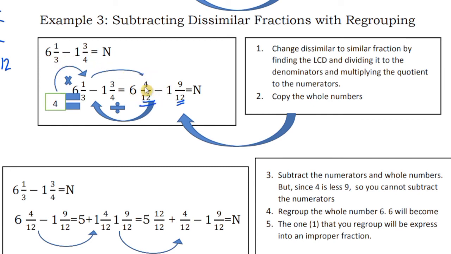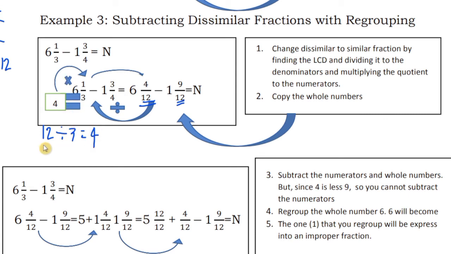Then how do we make it 4 and 9, the new numerators, since we now have the new denominator from the LCD? To get the new numerator we do the same process as previously: 12 divided by the previous denominator, the new denominator divided by the old denominator, and that is equal to 4.